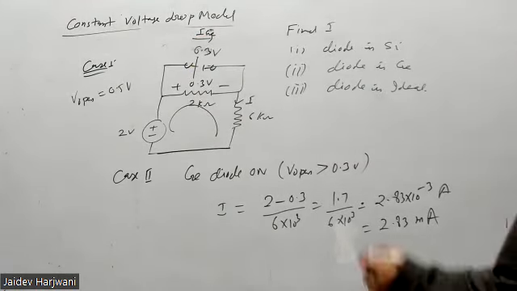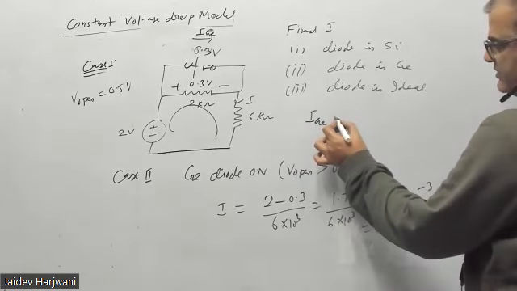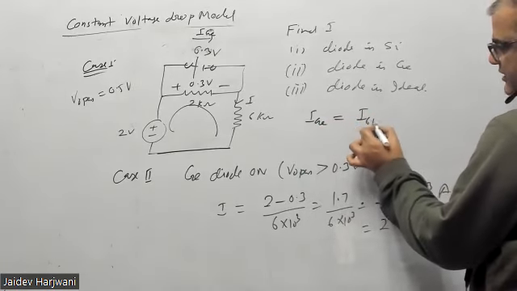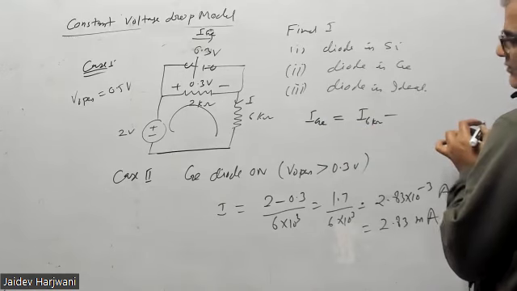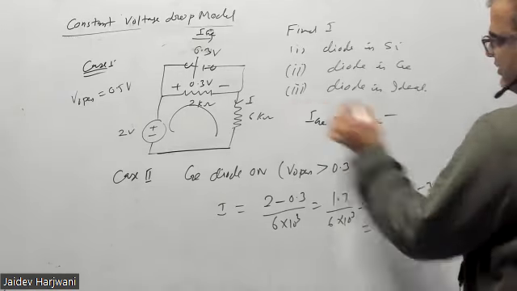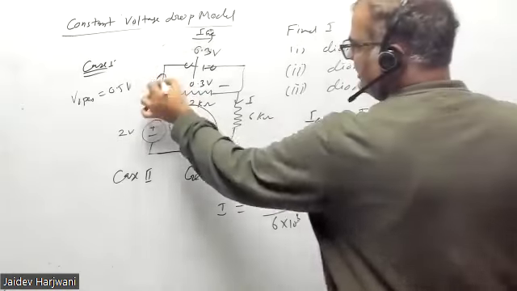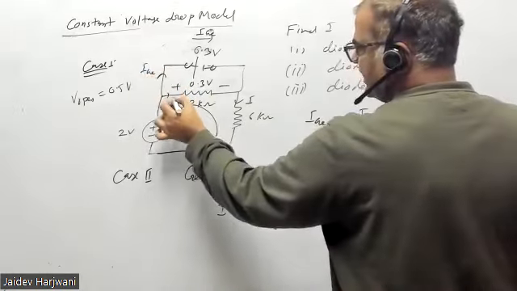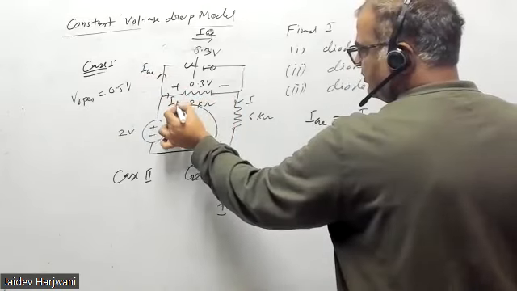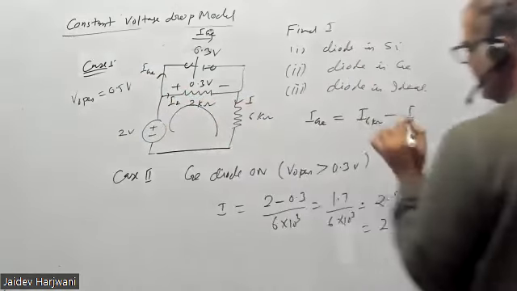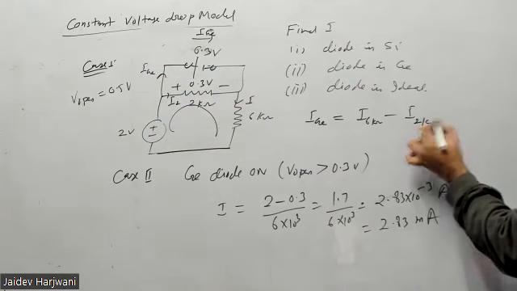I germanium is basically the total I, that is the current through 6 kilo ohm, minus the current across 2 kilo ohm. Because these two currents will only make this I germanium.